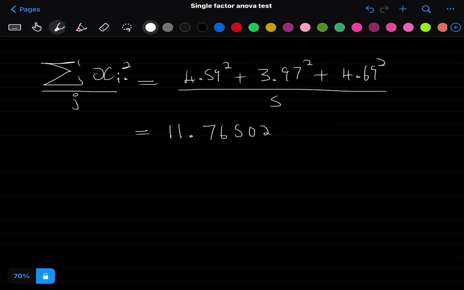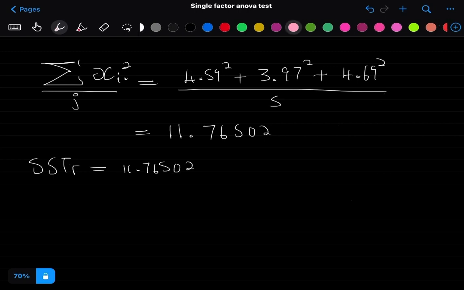Now what we do right now is to calculate the sum of squares of the treatment, which would be 11.76502.